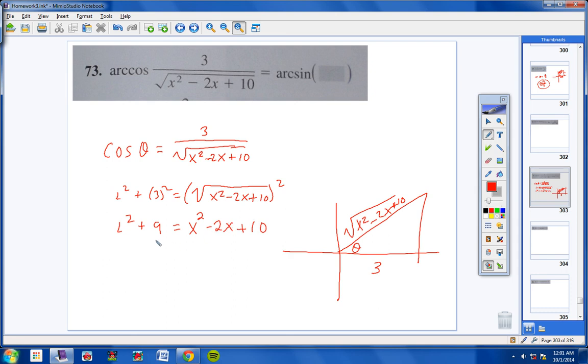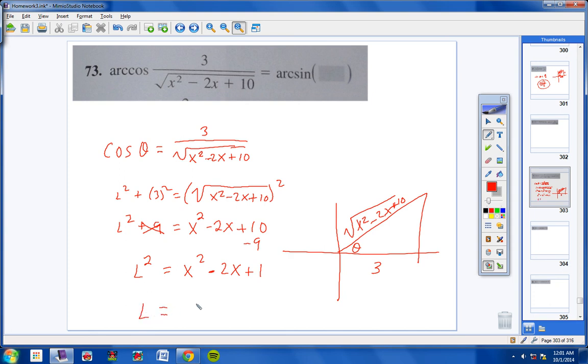Now we're going to bring the 9 over and make it a negative 9, and we're left with L squared equals x squared minus 2x plus 1. Now students, this is really cool how this works. When we take the square root of both sides, the square root of L squared is L.